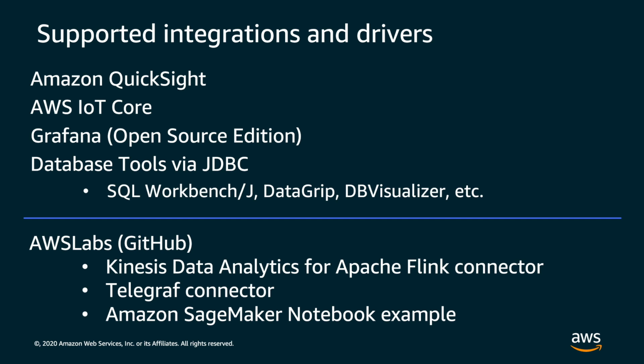Grafana is also one that is commonly asked for, and Grafana supports a plugin with the open source edition that works with Timestream as well. Through our JDBC driver, you'll find that most of the common SQL development tools work with Timestream. And as I mentioned earlier, the various connectors are all up on GitHub, and that's where you'd go to find those.